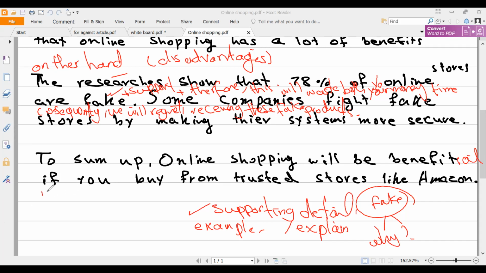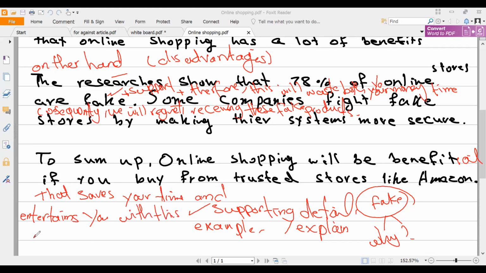Okay, that also you need to support here with your reason: that it saves your time and entertains you with this successful experience.